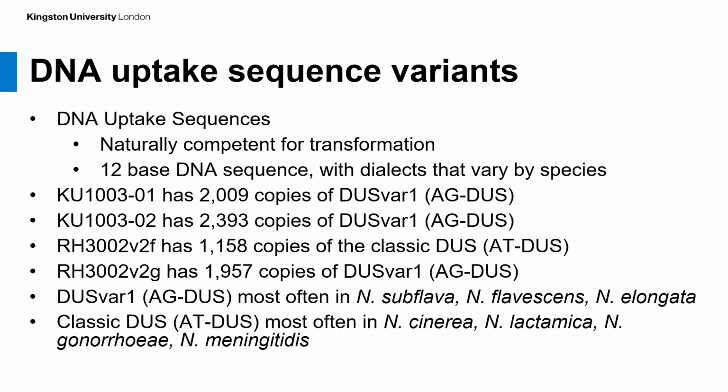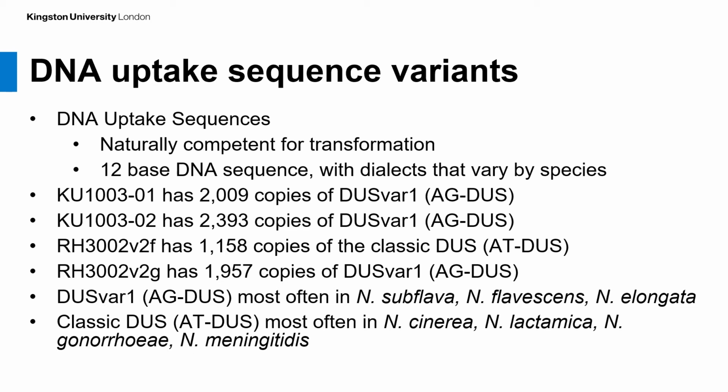We then also looked at some of the other sequence features. DNA uptake sequence variants can give you an indication of what sort of species you're looking at as well. Neisseria are naturally competent for transformation. They will take up naked DNA from their environment and use it to either repair things in their chromosome or acquire new DNA.